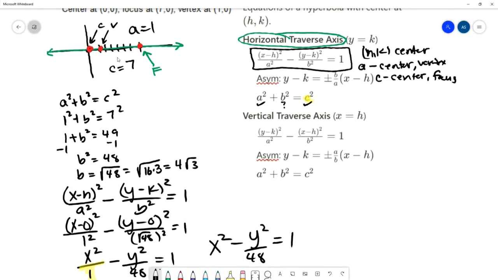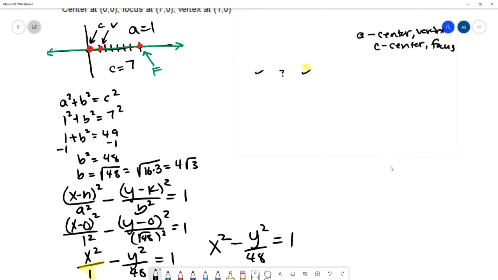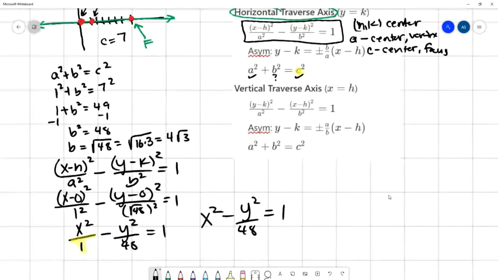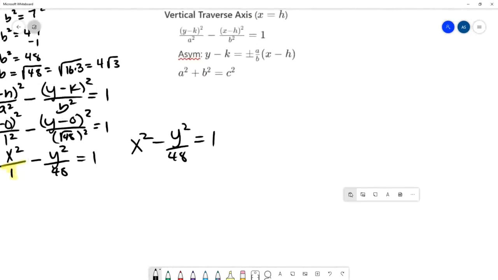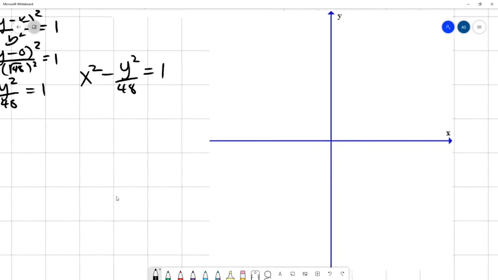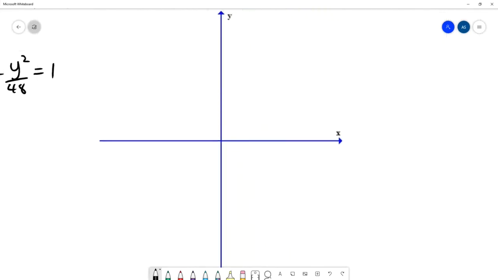I was writing down some of the details right here, but let's get a clear picture of our graph. I've got a blank grid here for us to fill out, and I'm going to go ahead and draw that graph out.